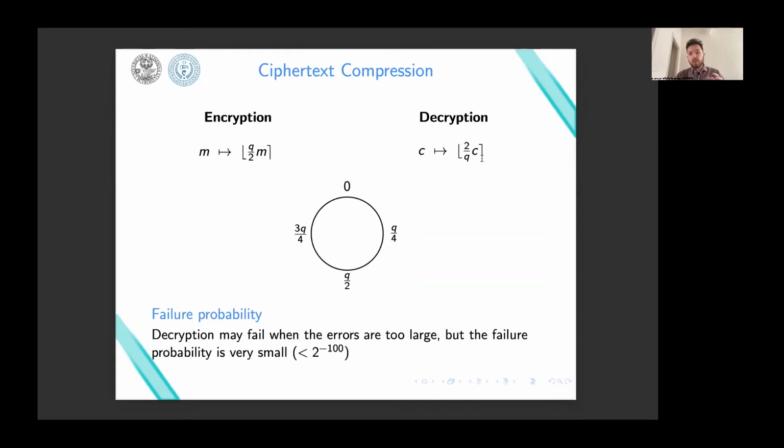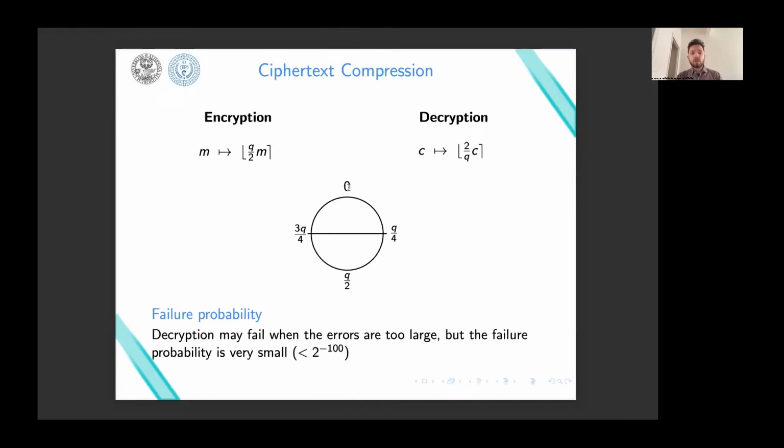And during decryption, we sort of do the opposite process. The reason is that this message M will be 1 bit at a time for each coefficient. So if we visualize Z_Q, the integers mod Q, we can see them like this, because 0 and Q represent the same number.